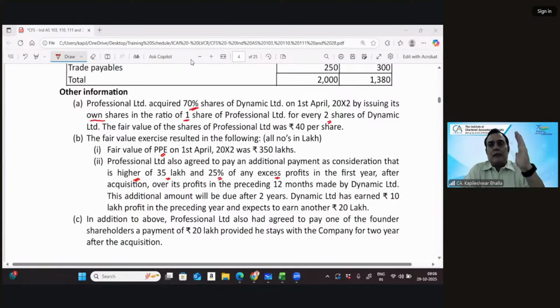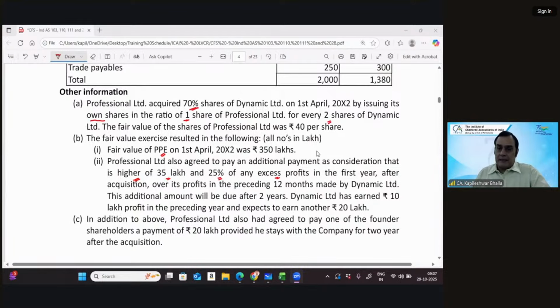Because if you work out 35 lakhs and 25% of the excess profit, let's say 25% of the excess profit is 40 lakh, he's going to get 40 lakh. So is it a DC, or should I say it's a combination of DC and CC both? Because if the 25% works out at 40 lakhs, you're going to pay him 40. That means you pay him 35 and that extra 5. So I would say it's a combination in terms of both the DC as well as the CC.